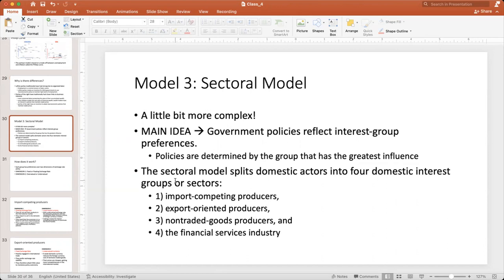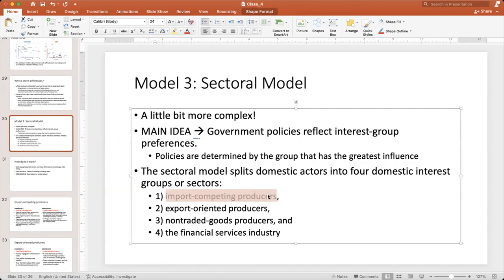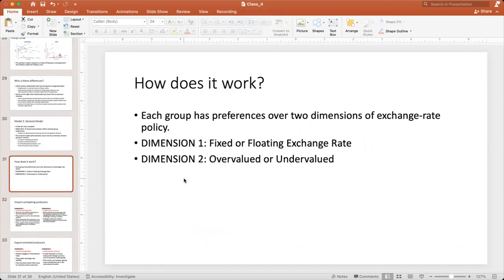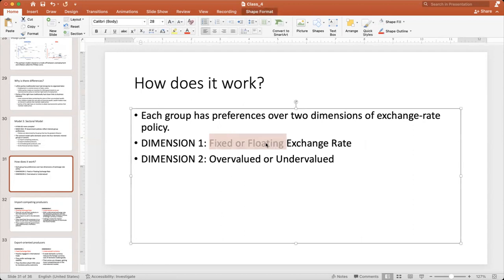According to this model, there are only 4 groups or sectors: the import competing producers, the export-oriented producers, the non-traded goods producers, and the financial services industry. How does it work? Each group has views on 2 dimensions of exchange rate policy. The first dimension is whether the group prefers fixed or floating exchange rates, and dimension 2 is whether the group prefers overvalued or undervalued exchange rates.